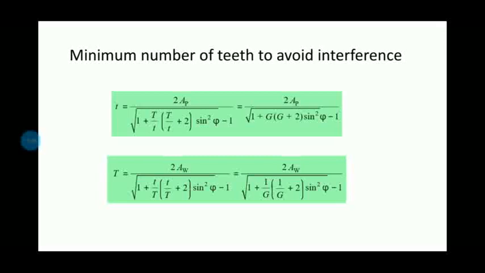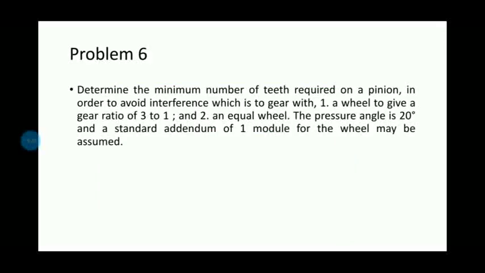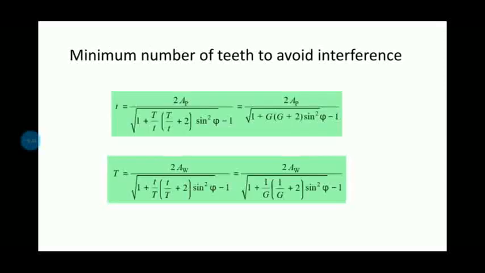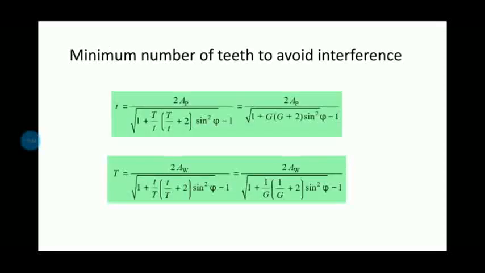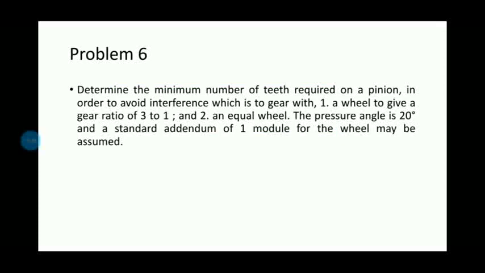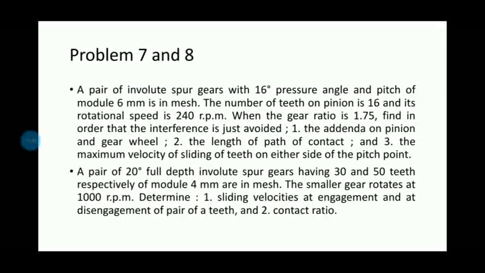First case you substitute T by t as 3, second case as 1. The question asks for the minimum number of teeth on the pinion, so you have to find small t, and it's given the standard addendum of 1 module, which means AP is 1. Clear? So do this.